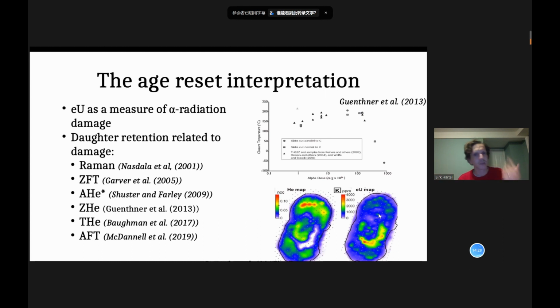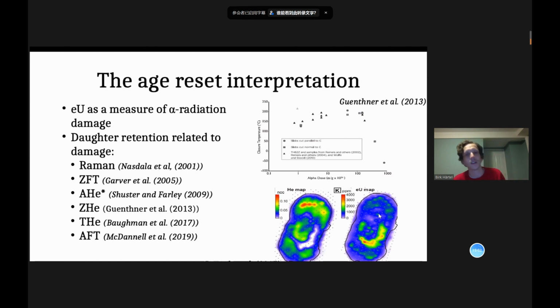This is the main interpretation of this phenomenon, and it has been put forward for many different dating systems: apatite and zircon fission track, apatite, zircon and titanite helium, and also for the Raman dating I talked about yesterday. For most of these methods, the relationship between age and effective uranium looks the same as I showed you on the previous slide.